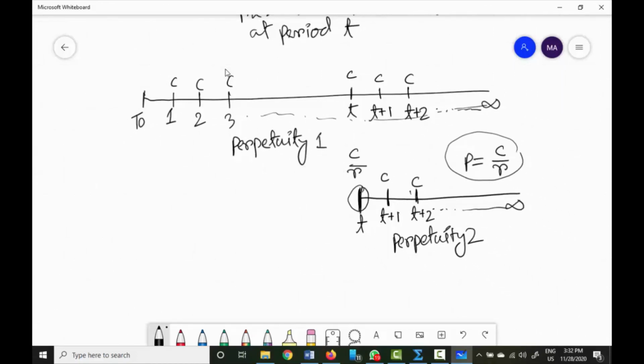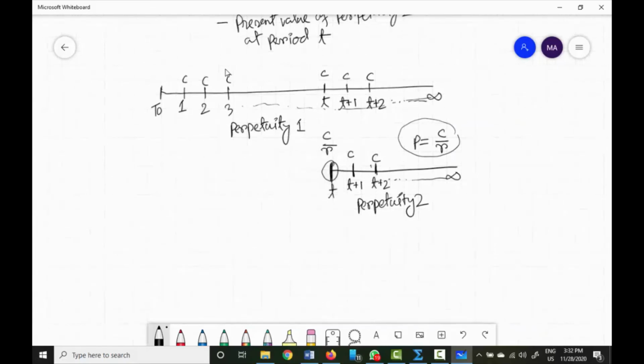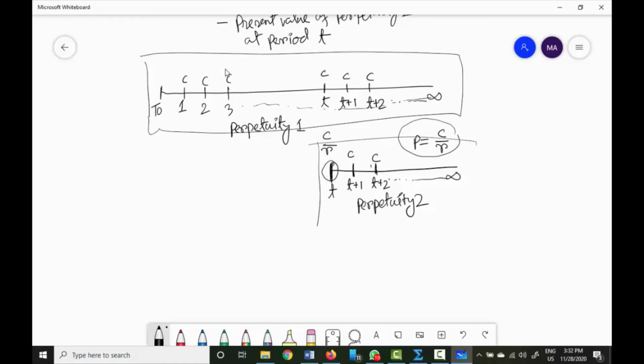Right. So now if you deduct the cash flows of perpetuity 1 minus the cash flows of perpetuity 2, you will be left with this cash flow. That means you will have period 1 C amount of cash flow, period 2 C amount of cash flow, period 3 C amount of cash flow, and up to T period.